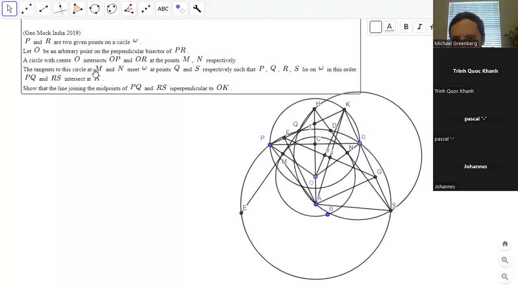Okay, so we have QSR. OMN is OHM. Okay, so we have OHM plus QSR.